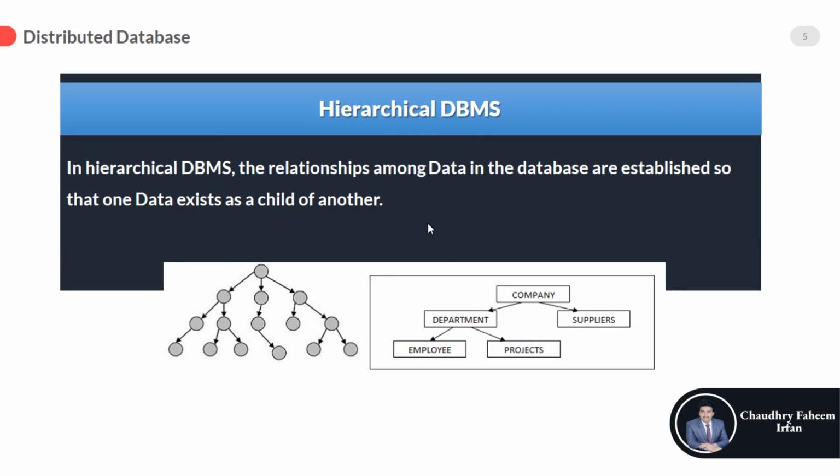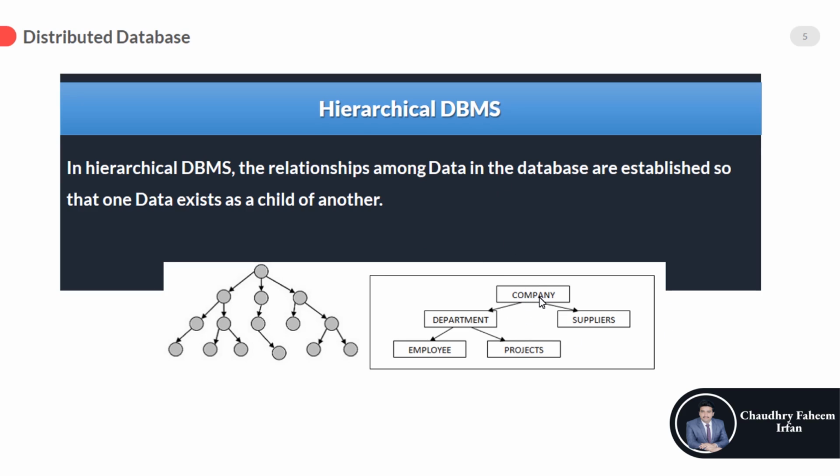So each record type in this model is called a node. Higher level nodes are called parent nodes and lower level nodes are called child nodes. This structure is also called an inverted tree, like it is the reverse of a tree. According to this example, we can understand the hierarchical DBMS easily.